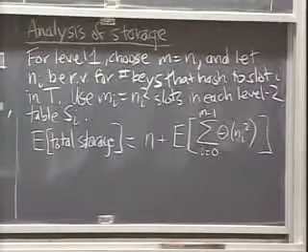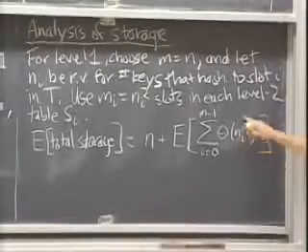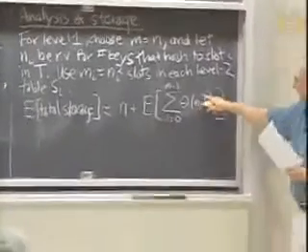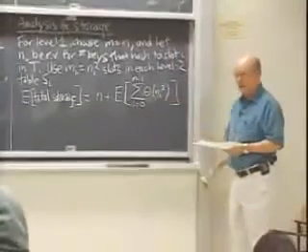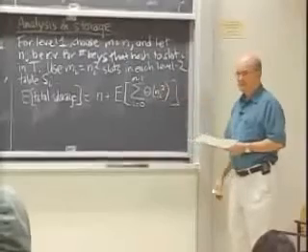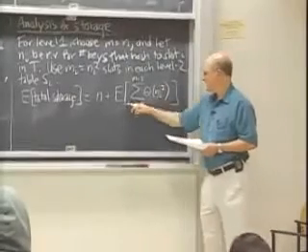Okay? Because I basically have to add up the square of what's in there for every slot. Who recognizes this summation?